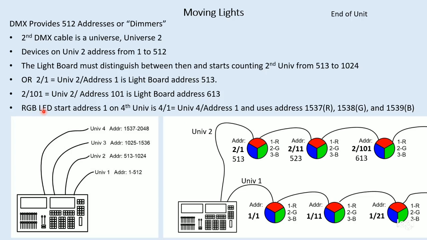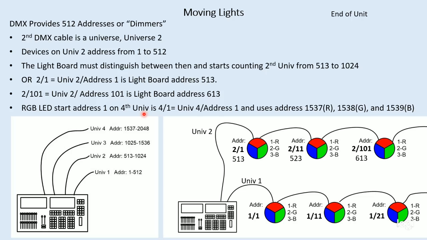So an RGB fixture with a start address of 1 on universe 4 would be notated as 4/1, or universe 4 address 1. And it would be using DMX addresses 1537, 38, and 39, the first 3 addresses of the 4th universe.